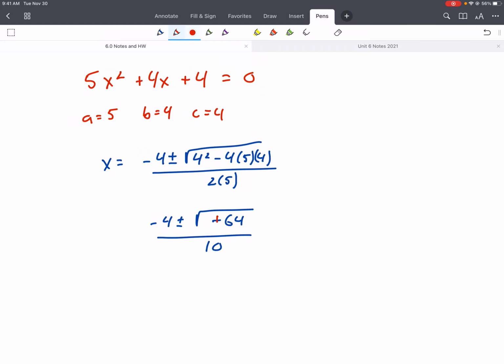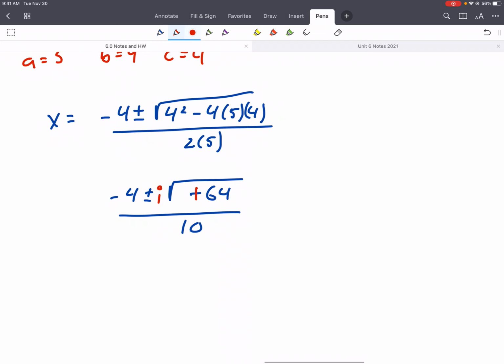So again, we have a negative, so that will give us an i. The square root of 64 is actually a perfect square. So if you realize that, then you don't need to do a factor tree, but we could do 8 and 8, and that's a group. So we could do negative 4 plus or minus 8i all over 10.